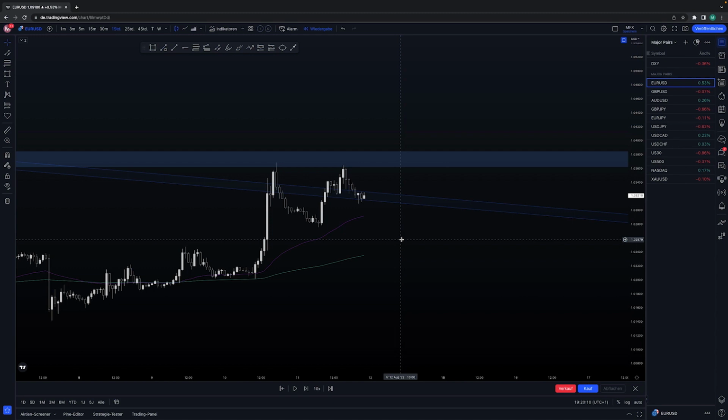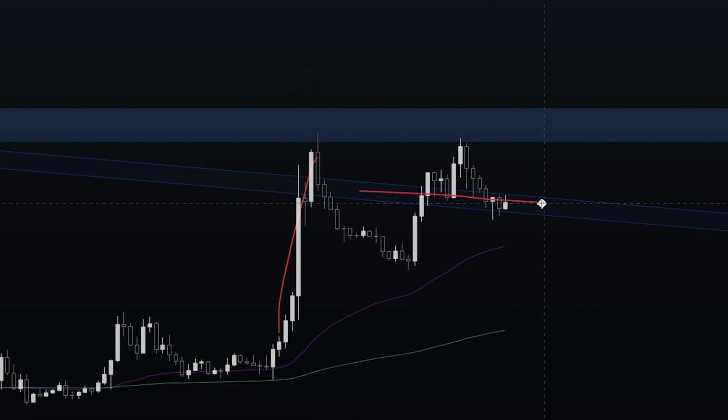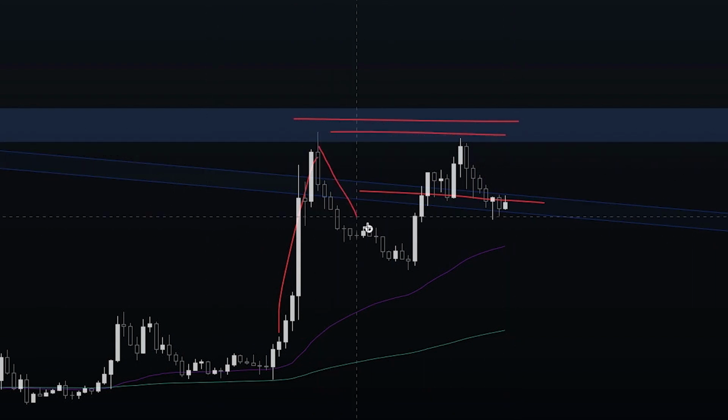Now, what I mean by patterns, guys. My top 2 entry patterns are always either double tops or double bottoms, head and shoulders or inverse head and shoulders. And what you can see right in here, guys, the market shoots up into my trend line and into my support and resistance area. And what we get here is this meltdown and then this correction back upwards, creating a nice double top.